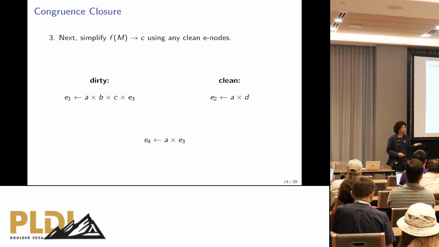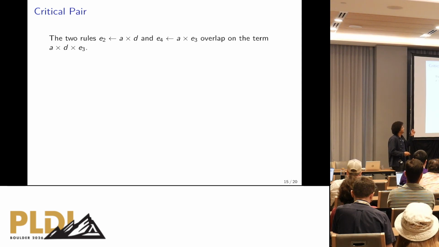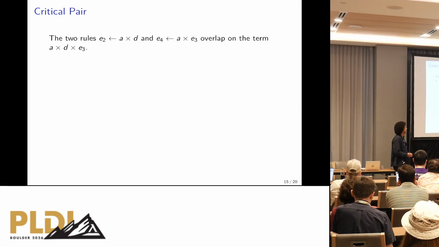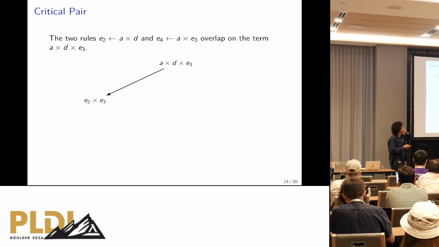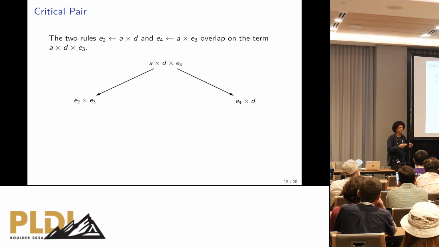But it doesn't match, so now we have to compute the critical pairs. In this case, these two have a non-trivial overlap, namely A, and we can create the ground MGU like this, and then we have the property that one time it rewrites into E2 times E3, and one time it rewrites into E4 times D. These two are new e-nodes that were not present in the previous e-graph, but they break the property that it canonicalizes.